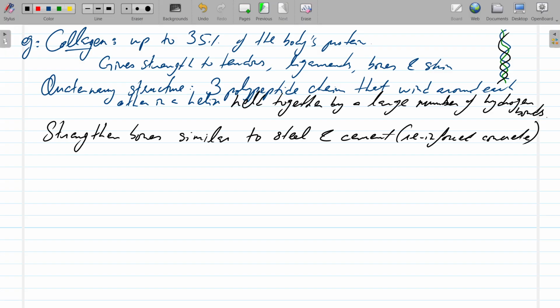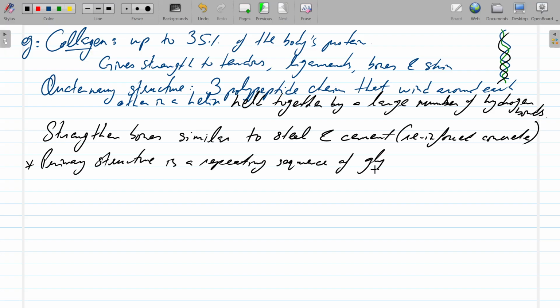Also just one minor detail, the primary structure of the polypeptide chains in collagen is a repeating sequence of glycine as every third amino acid.